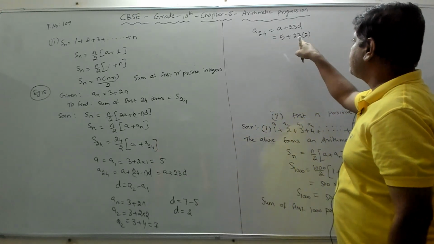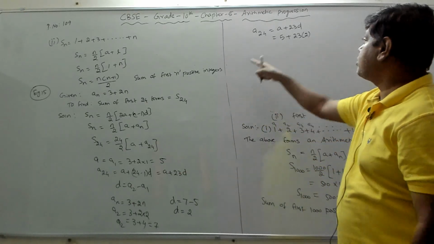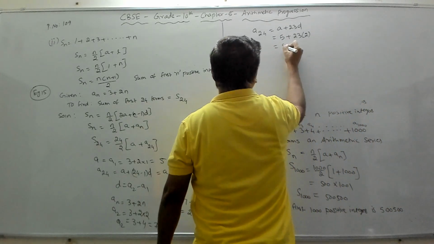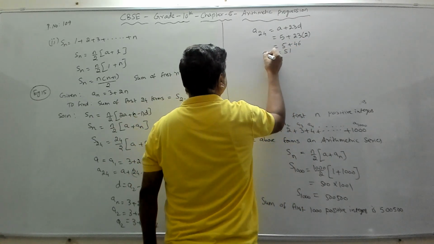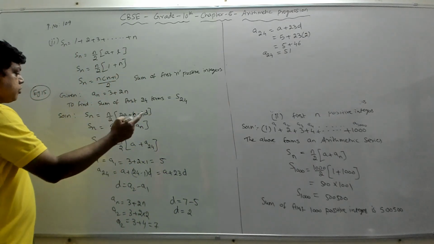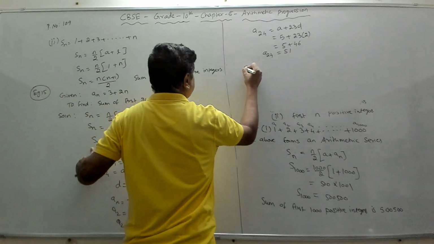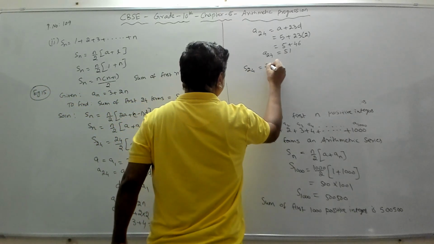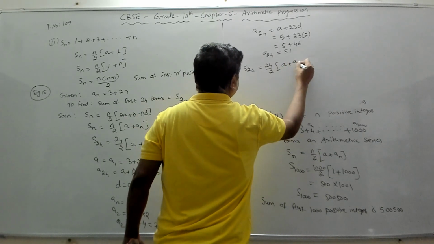So I'm substituting. This gives me 5 plus 46, since 23 times 2 is 46. So 51. That is my A24. My 24th term is 51. Now we have found the 24th term. So let's substitute in this. S24 is equal to 24 by 2 into A plus A24. That's what we got here.